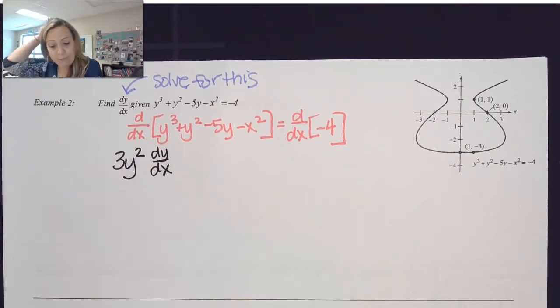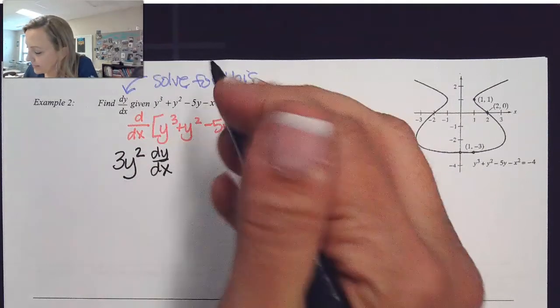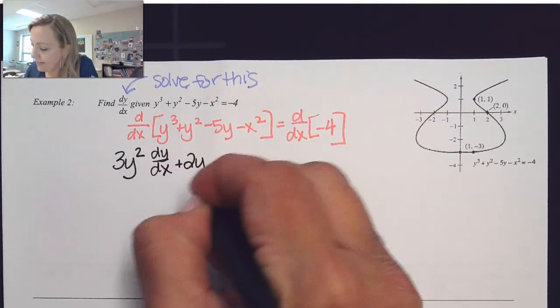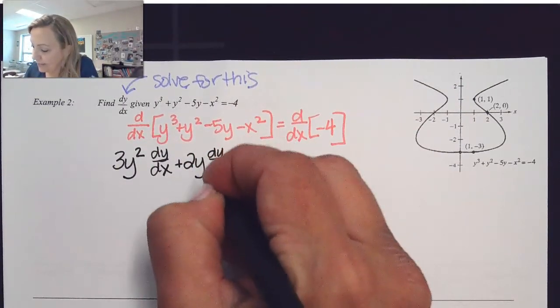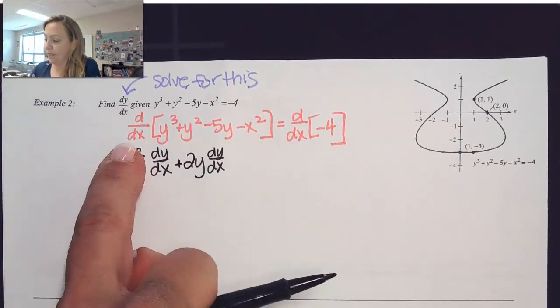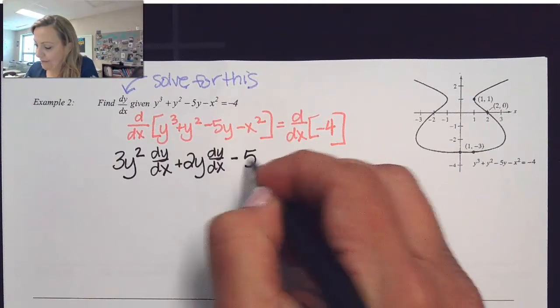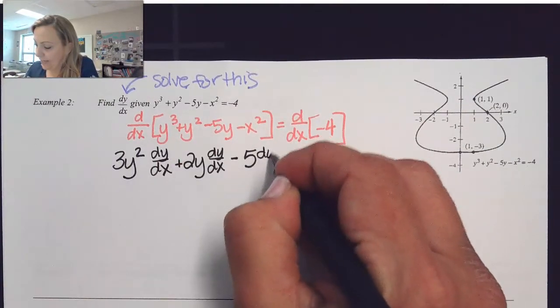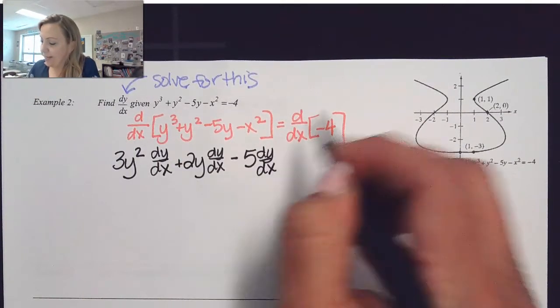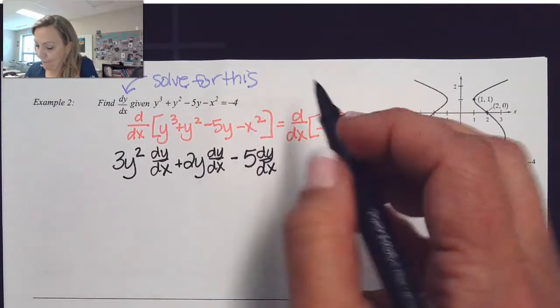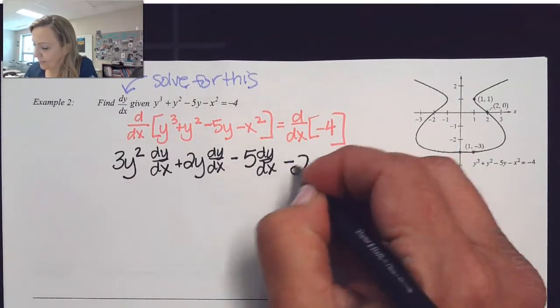Taking the derivative with respect to x of y squared, that's going to give us 2y dy dx, because those don't match. Here, this would be minus 5 dy dx. And then here we have minus 2x.